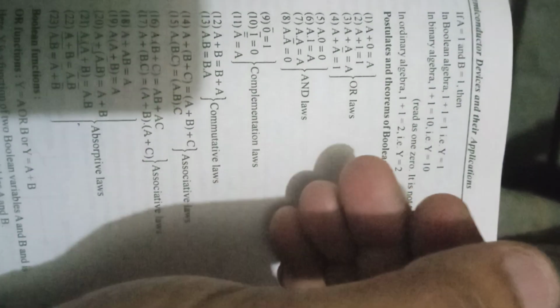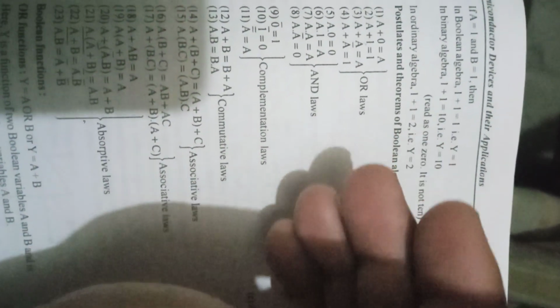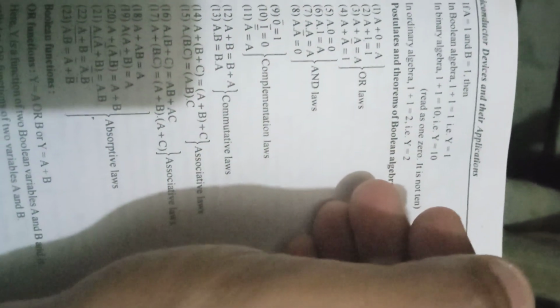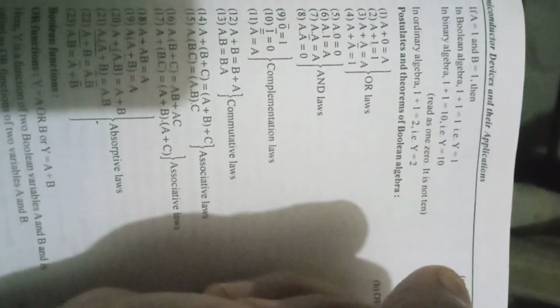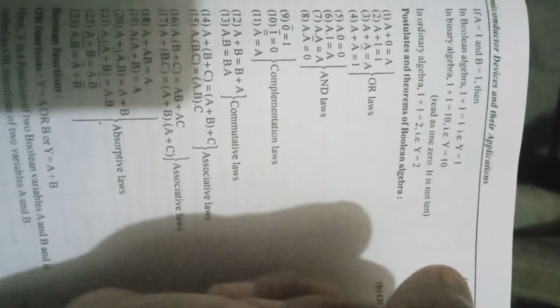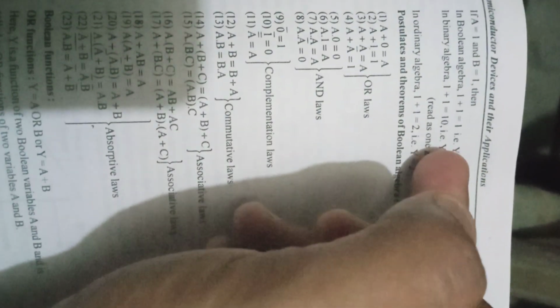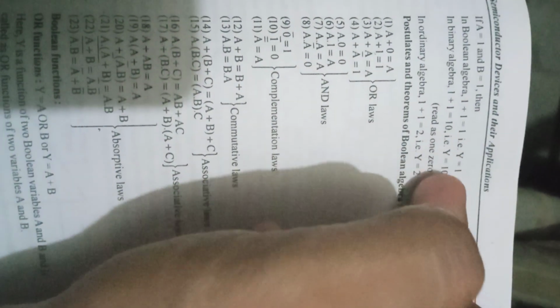You all know that in binary language we talk only of 0 and 1. 1 plus 1 is 2, and if you convert 2 into its binary, that is 1 0. So 1 0 is the binary value of 2, so Y here is nothing but 1 0. You cannot say it is ten; in Boolean algebra, you always say 1 0.